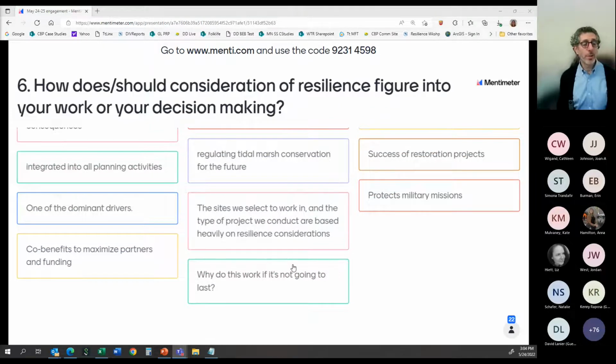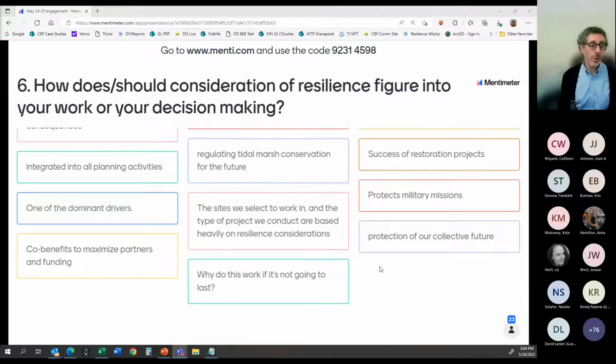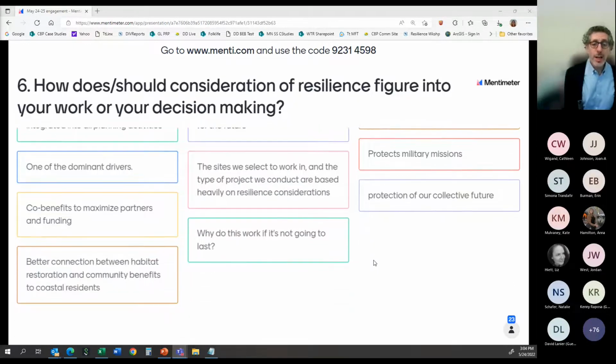It's one of the dominant drivers, and it has co-benefits to maximize partners and funding, protection of our collective future. I like that one. And protecting military missions, something very pragmatic there. Why do this work if it's not going to last?